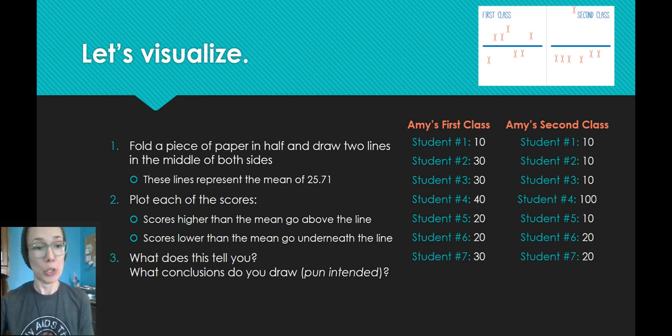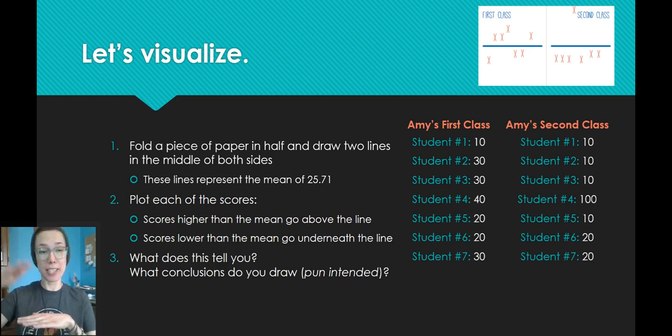So now what does this tell you about the average? What does this tell you about the mean? What conclusions do you draw from this? It's very possible for us to have vastly different responses to whatever kind of survey, whatever information we're trying to gather.